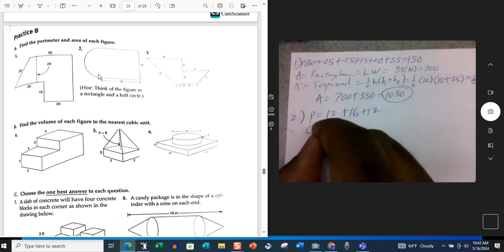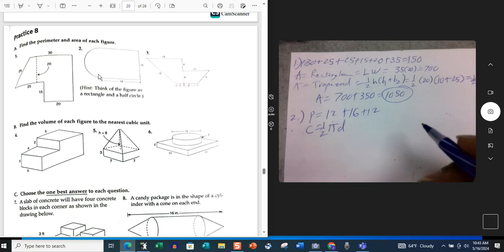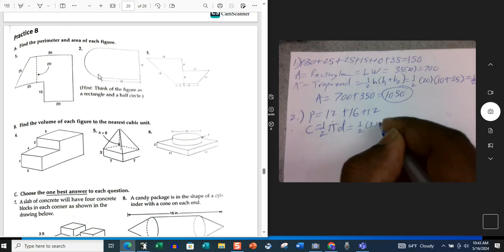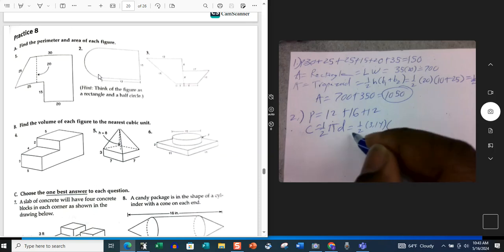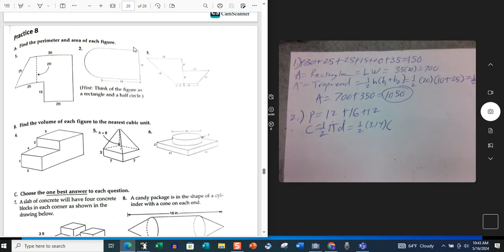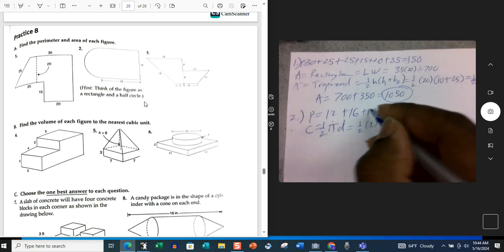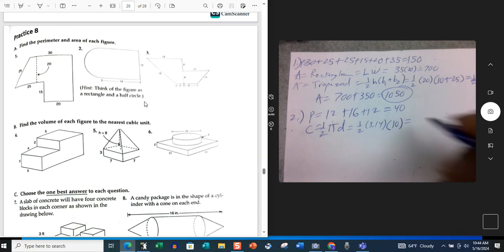So what we will have to do is do half of the pi times diameter. So then we have half of 3.14 times the diameter. The diameter would be this value here, which is 10. So now up here we will have 24 and 16, that'll be 40.